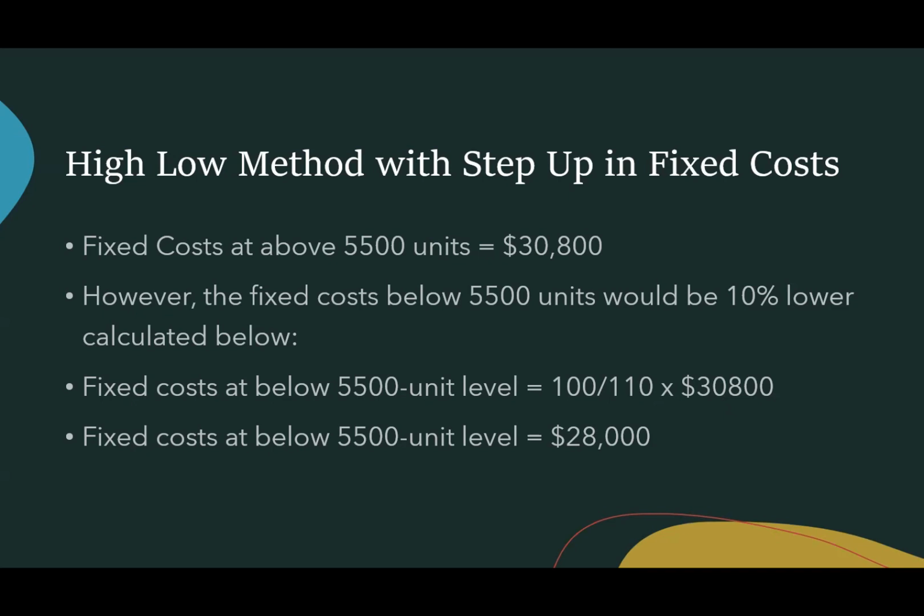So if the level of activity is below 5,500 units, your fixed costs are 28,000, 28K. But once you exceed the 5,500 unit level, it will increase by 2,800 and become 30,800. I couldn't do it with 4,000 because in that case, I just have one level. But if I take 6,000 and 7,500 levels of activity, both of them have similar characteristics, and I do have a highest and a lowest one, which helps me to perform the calculation further.